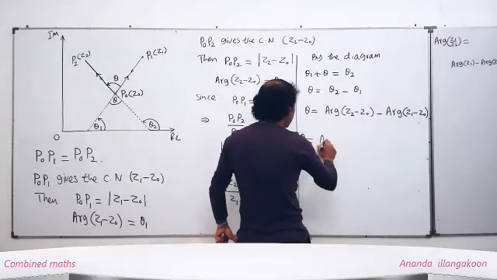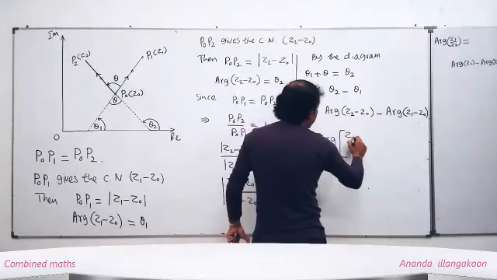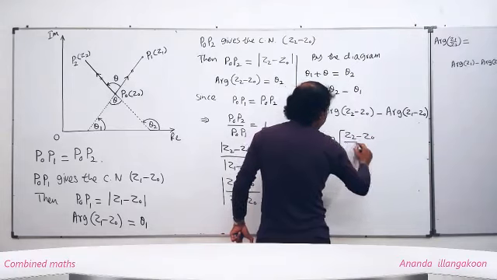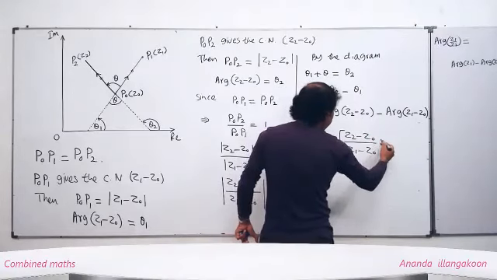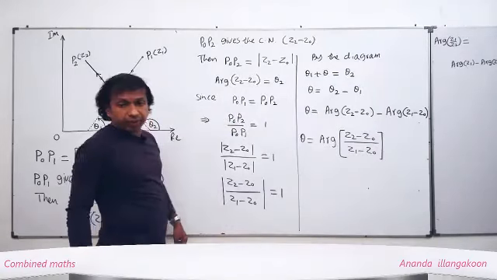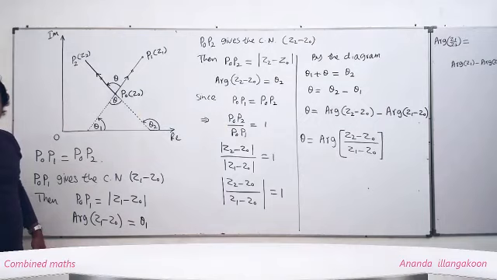Theta equals arg of Z2 minus Z0 divided by Z1 minus Z0. Right. Now we have the two relations like this.